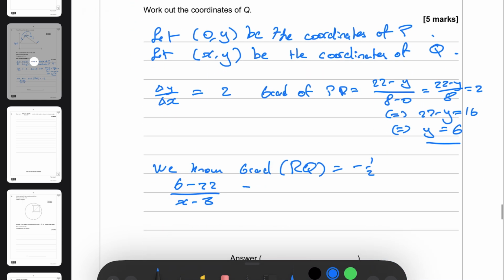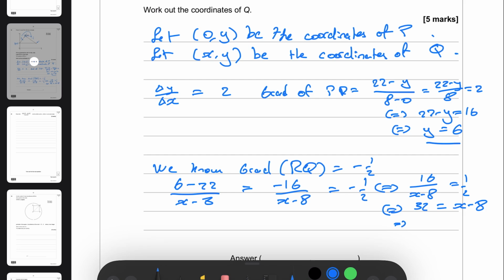Yeah, x minus 8 is equal to minus 16 over x minus 8 minus a half, which gives us 16 over x minus 8 equals a half. And then we can pretty much solve. In this case, we have 32 is equal to x minus 8, and we have that x is equal to this certain point called 40.